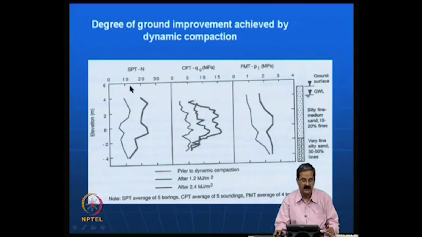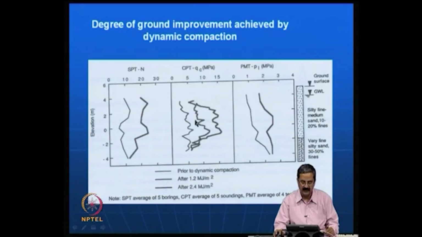You can see here that before the dynamic compaction, the SPT values are in the range of 10. Once dynamic compaction is done, you can see that they are in the range of 20. So, there is a good difference, and in the case of the cone penetration test results, the QC is variable here.